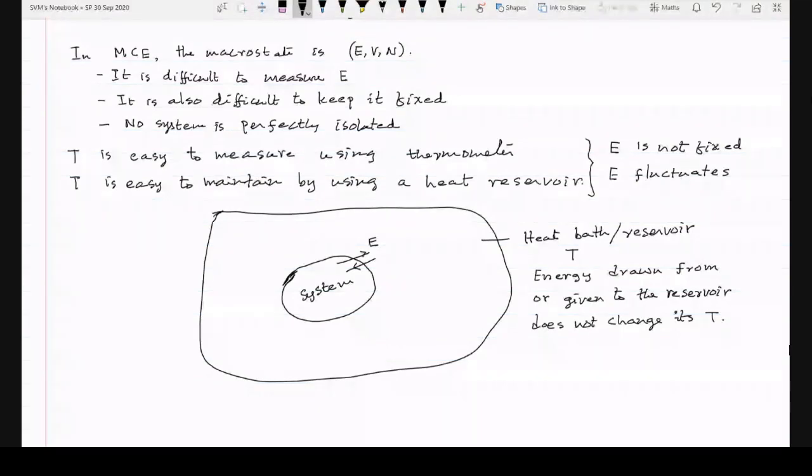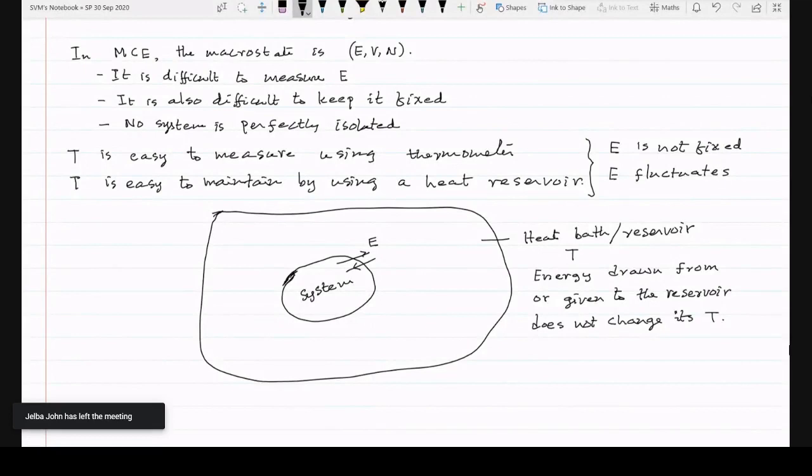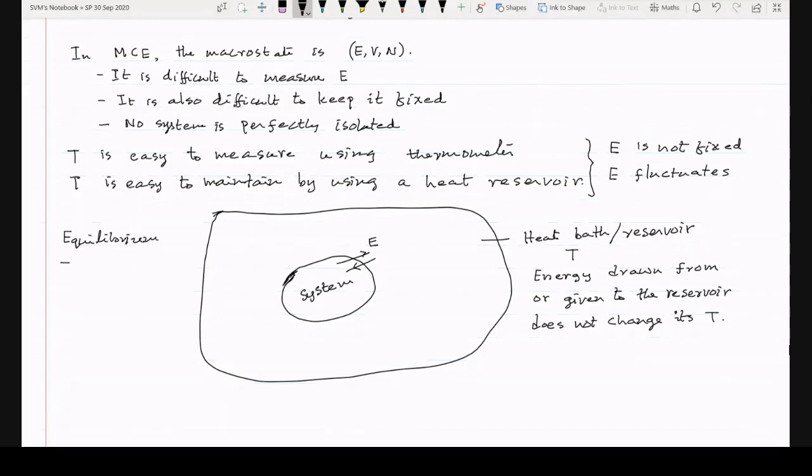Now such a system is allowed to exchange energy with the reservoir, but it does not exchange the constituents, that is, the particles do not go out of the system. But the temperature of the system, in equilibrium, what does that mean? Equilibrium implies the temperature of the system is also equal to the temperature of the bath. Only then we say that the system has equilibrated.